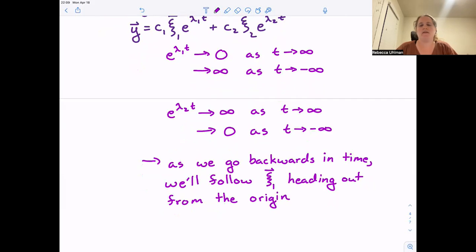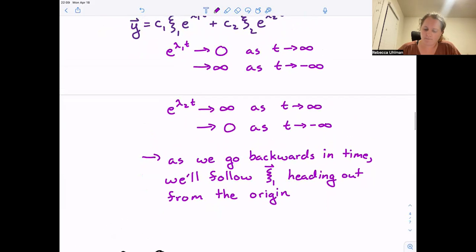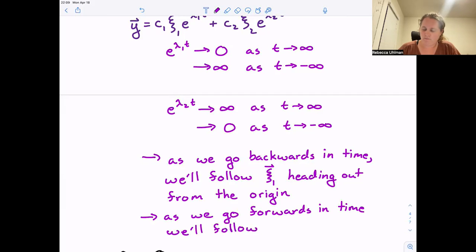Right. Psi1 will be scaled by increasing larger numbers as time goes backwards. And as we go forwards in time, we'll follow psi2 away from the origin.